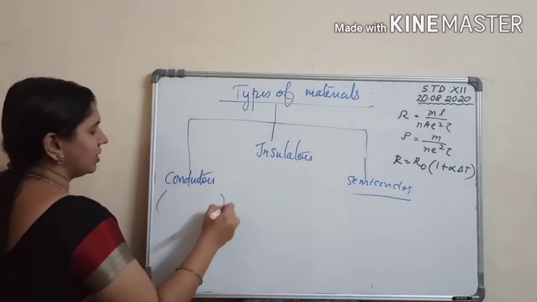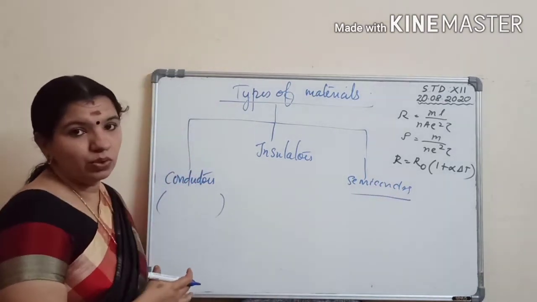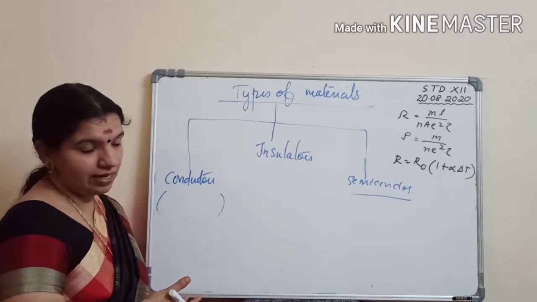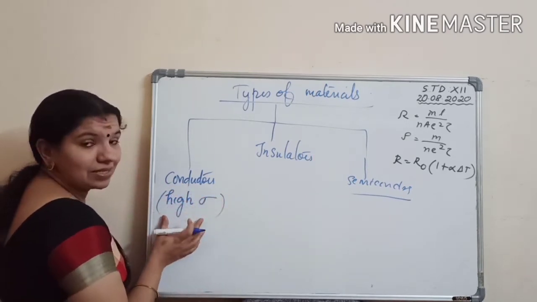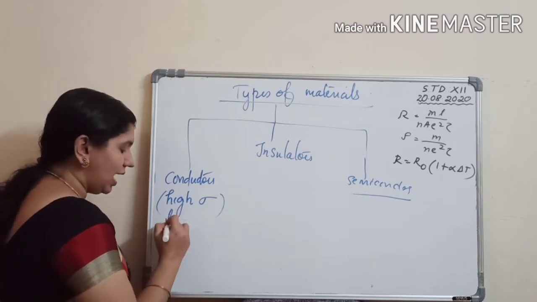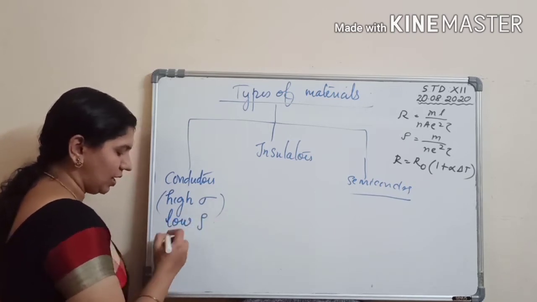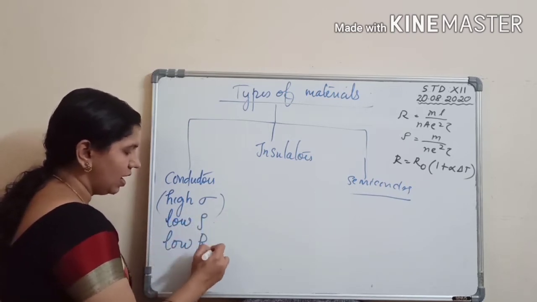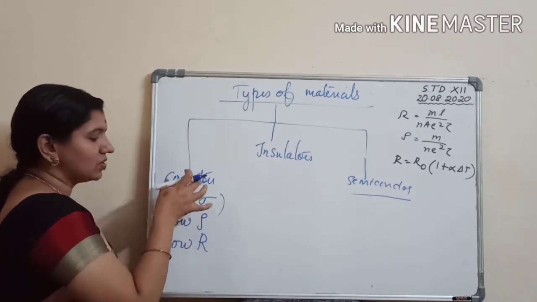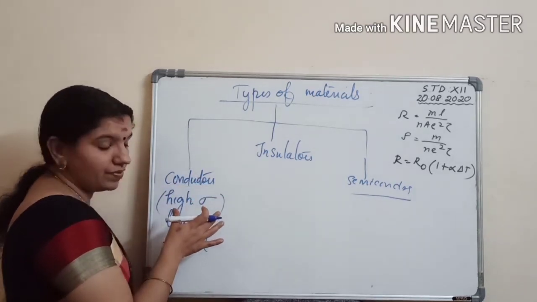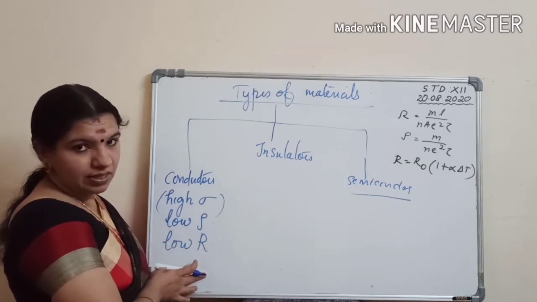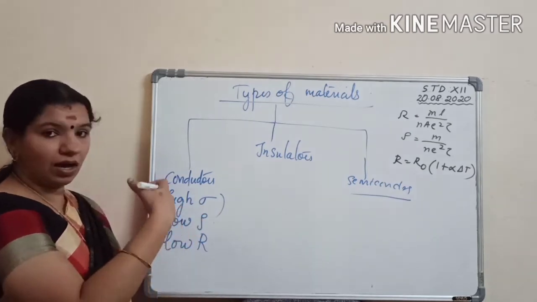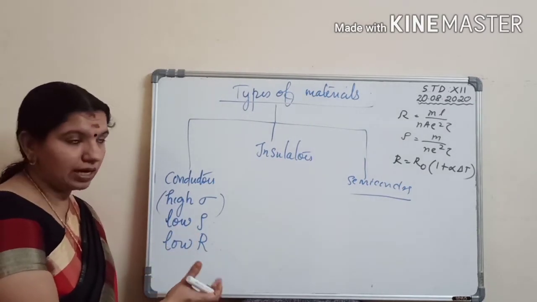They are the materials which allow the passage of electric current, which means high conductivity, and low resistivity and low resistance. In the normal condition, conductors have high conductivity, low resistivity and low resistance. That is why they allow the passage of current.